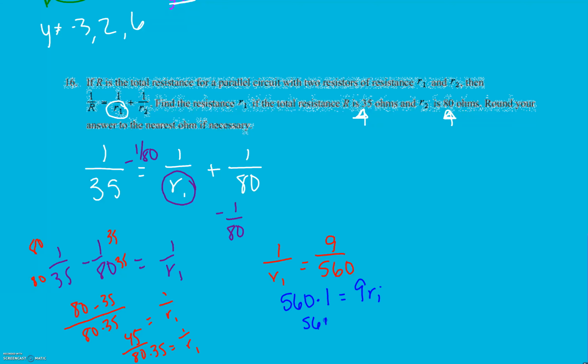It's going to be 560 equals 9 R sub 1, divided by 9, and R sub 1 is going to be approximately, it's going to be exactly 62.2 repeating, I believe, but it says round to the nearest ohm, so we want 62. I think this is how you label ohms. I'm not sure. If you're not sure, just write ohms.